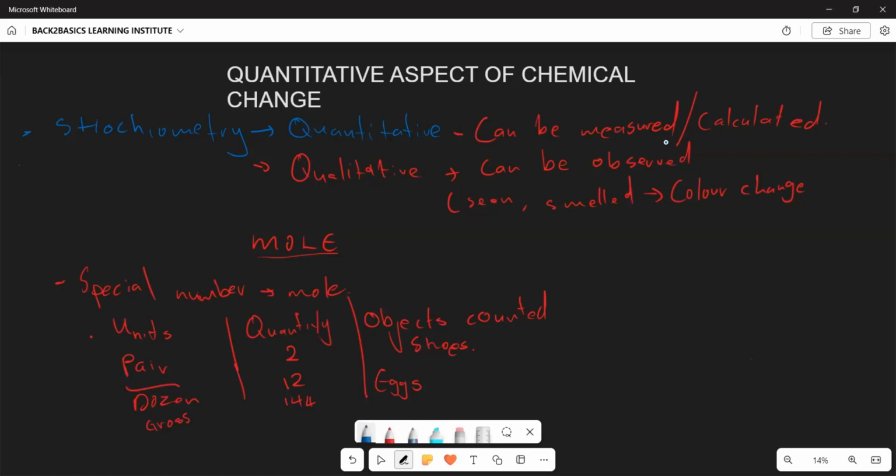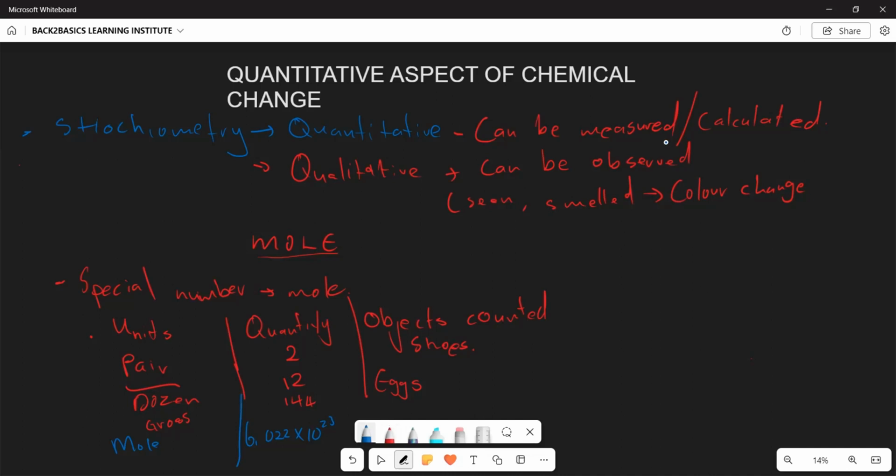Yes. So now, when we are dealing with our mole, which is that special number, it is given by 6.022 times 10 to the power of 23, which means for one mole, the mole is represented by this number.